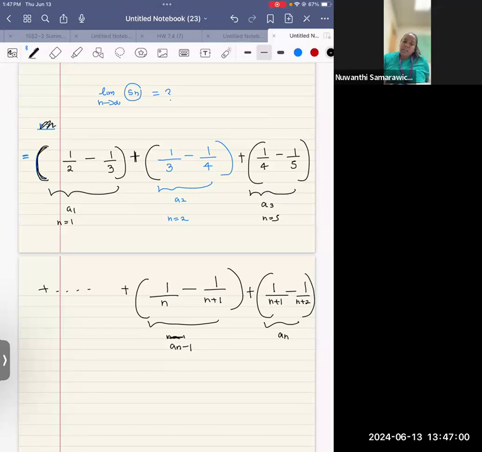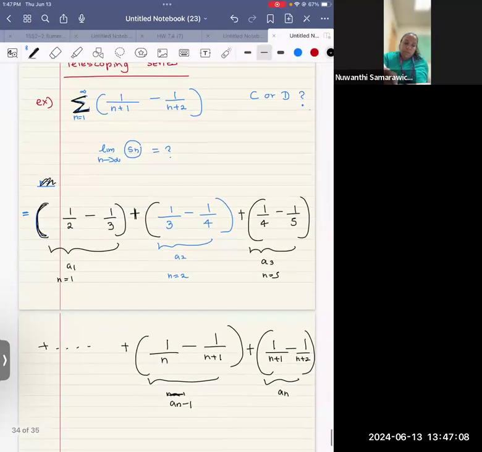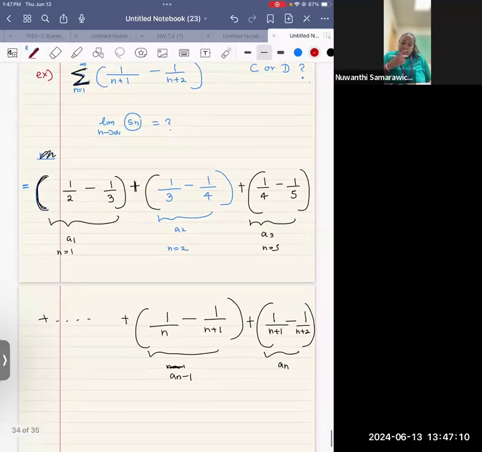Can you see a pattern in this series? Here you see it is half minus 1 over 3, and again you add 1 over 3. So you see negative 1 over 3 plus 1 over 3 gets cancelled.